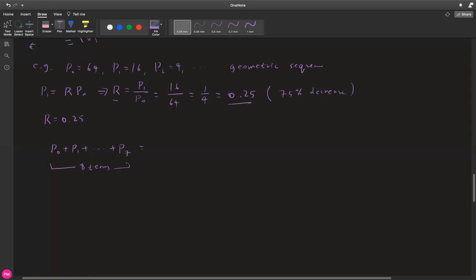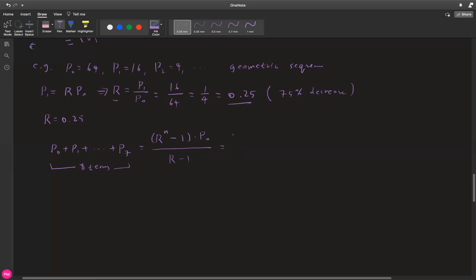we can use the geometric sum formula as such. Let's rewrite the geometric sum formula so you can get used to all these numbers. Over r minus 1 is the geometric sum. And now I'm going to simply plug in everything I know.